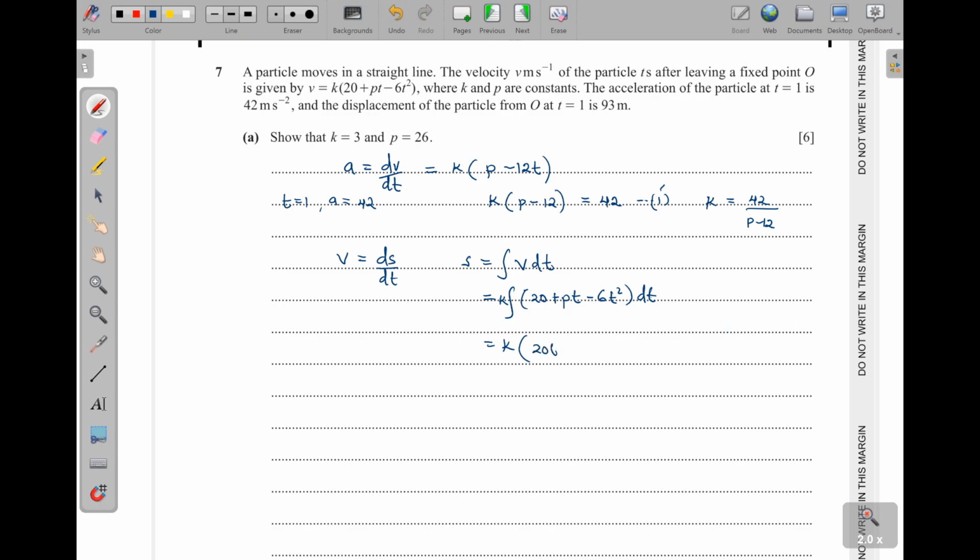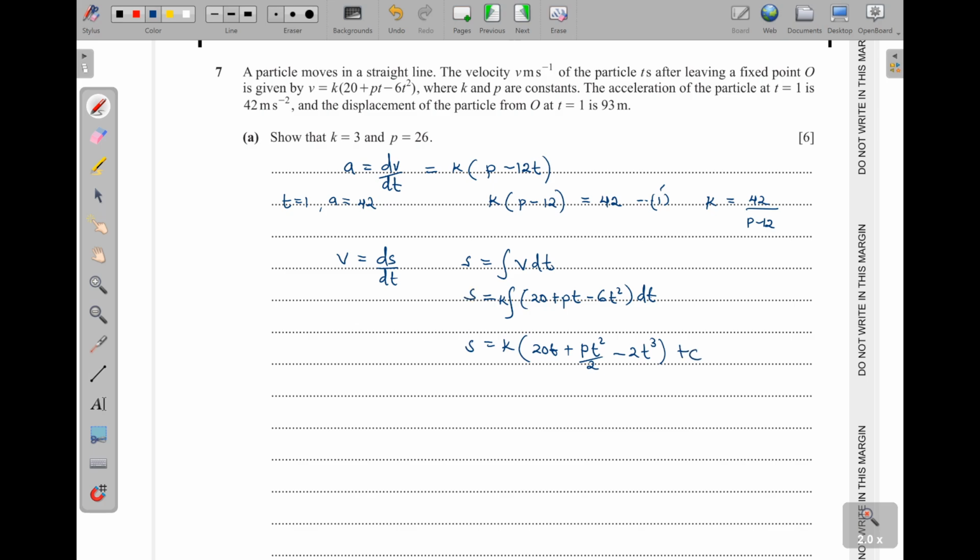Then here we shall get pt squared over 2. And then minus 6t cubed over 3, which goes to minus 2t cubed. Then plus c.